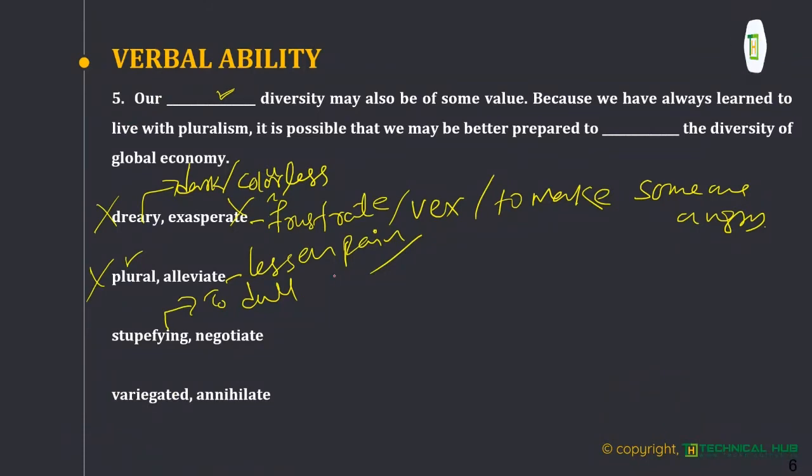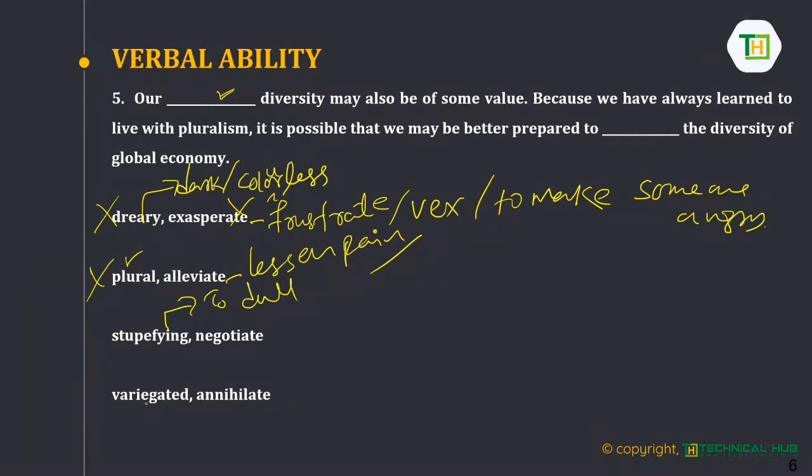What is the meaning of it, and then I'll finalize the answer. Variegated means spotted or marked.